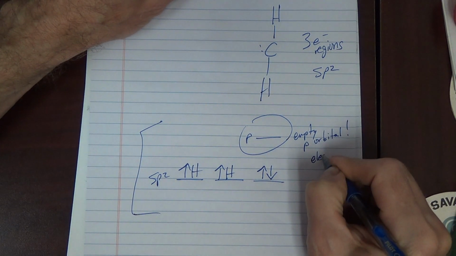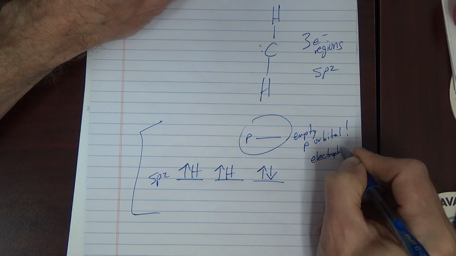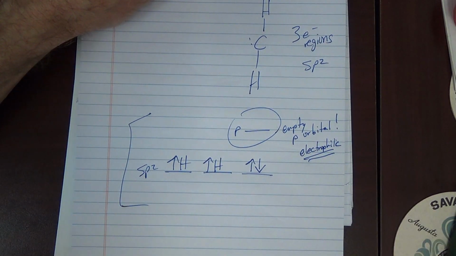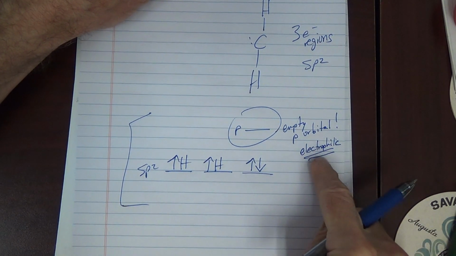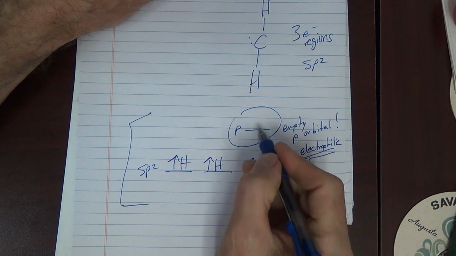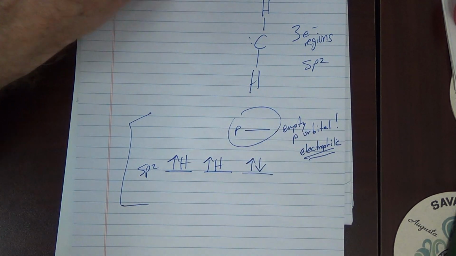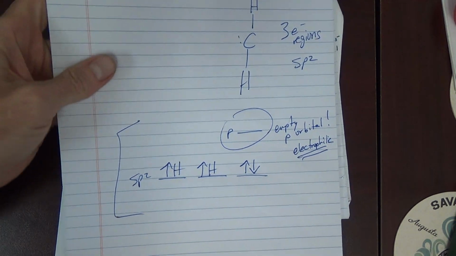So this is electrophilic, even though it's neutral. It likes electrons because it has an empty p orbital, because it doesn't have a filled outer shell, a filled octet.